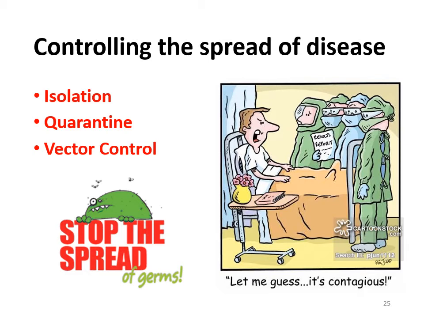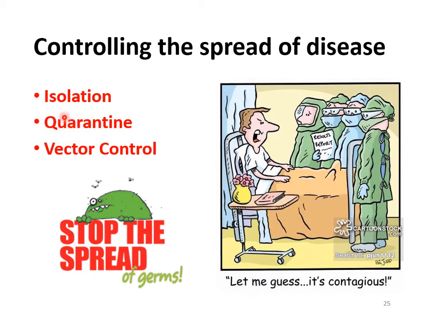When we talk about isolation, I always have students circle or underline that first I of isolation. So when you hear isolation, think I or Roman numeral 1, okay? Because in isolation, you are only separating the sick individual, just the sick person. Whereas in quarantine, you can circle or underline the first 3 letters, okay?